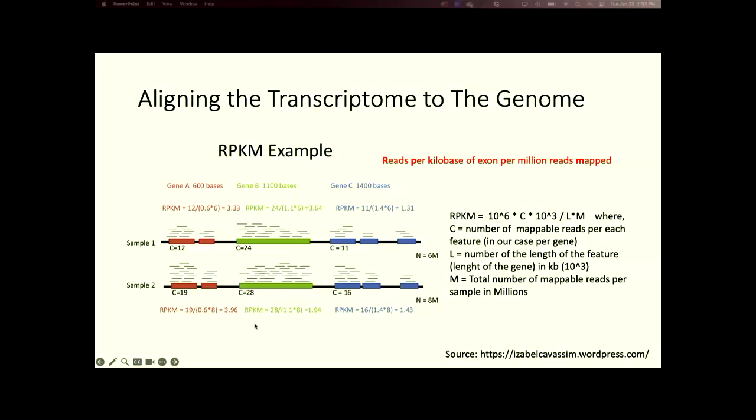So essentially, what RPKM does, and I won't go over it, I've shown the formula here, is we have 1 million reads, and then we have the number of mappable reads in each gene, and then the length of the feature. So we're essentially just normalizing, and then I've gone through the calculations.